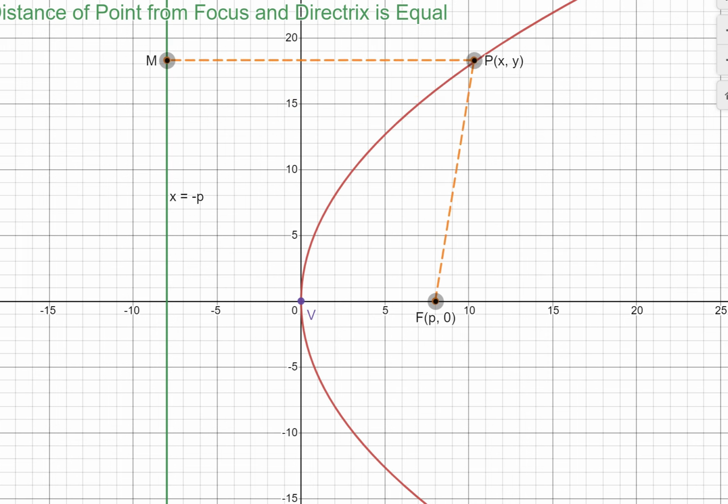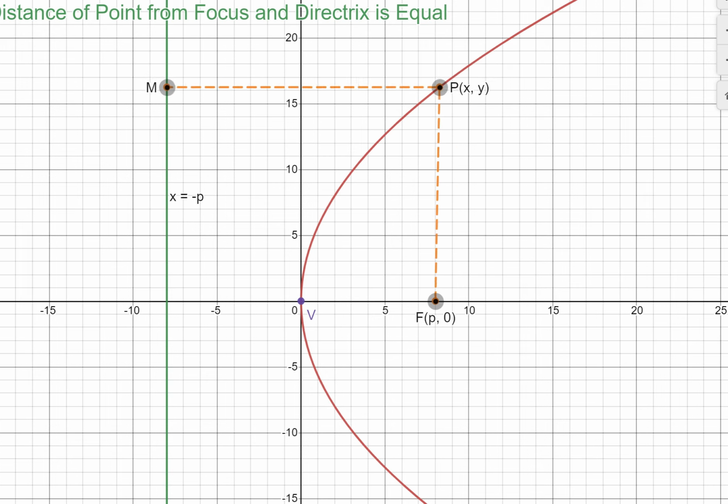As you can see very clearly, the distance of the point P from the focus F is exactly the same as the distance from point P to the vertical line, the directrix PM. So that is the major characteristic of the parabola. Now based on this characteristic, we are going to define the equation of the parabola and understand it in greater detail.